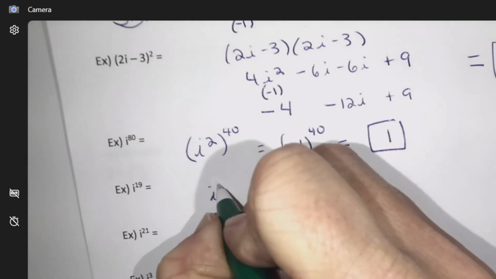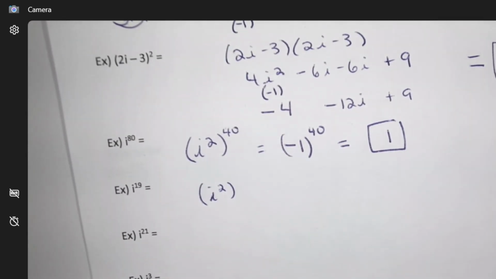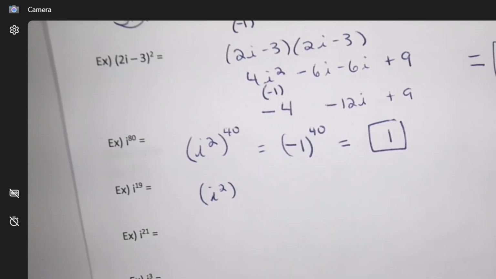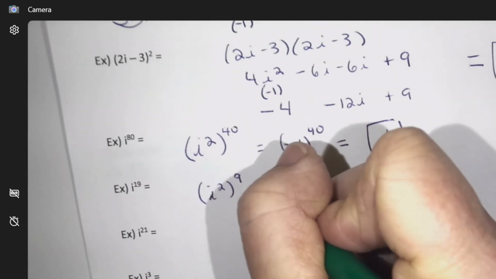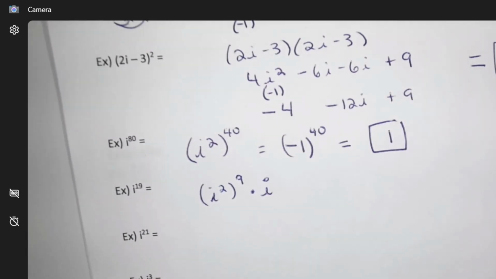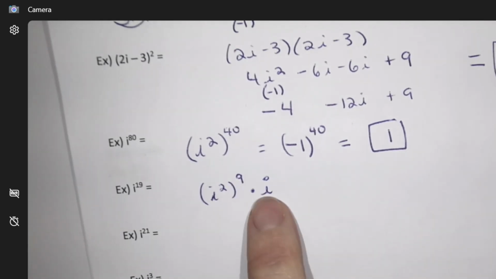Okay, i squared, I'm going to take out as many as I can. So I'm not going to get to 19 because I can't do 19, it's odd. So I'm going to try to get to 18. So what do I need up here to get to 18? A 9. So now I'm at 18. And then I'm going to tack on an extra i. Does that make sense? I have 18 here and one more, so now there's my 19.